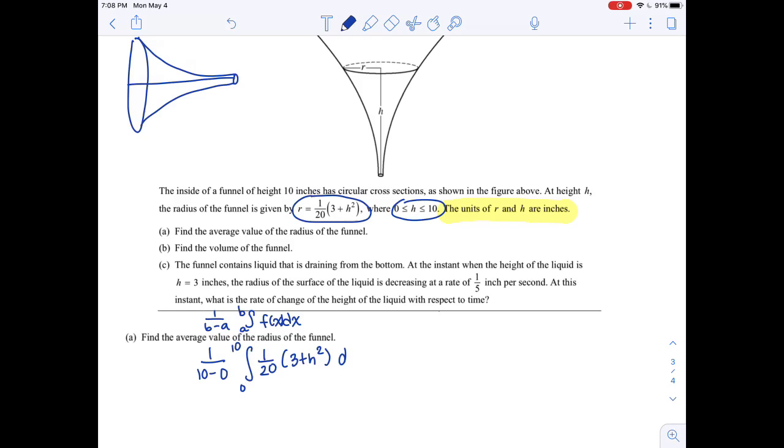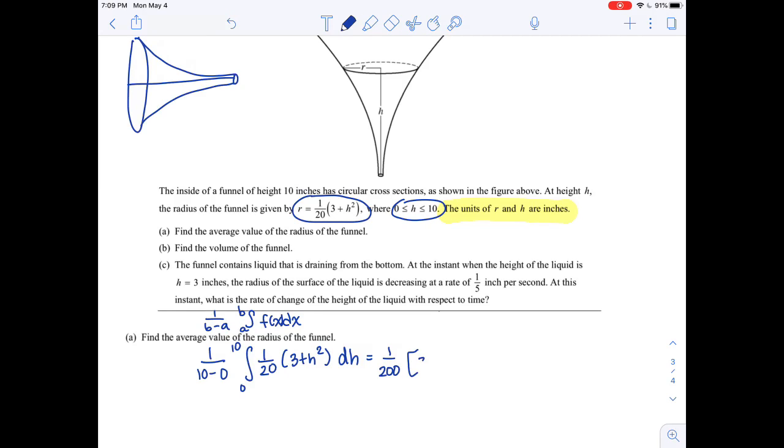Integral from 0 to 10, and then your function will be 1/20 (3 plus h) squared dh, right? So as you go on further, you would use your integration rules to be able to integrate this. And again, I'm not going to spend too much time on the integration part of this.